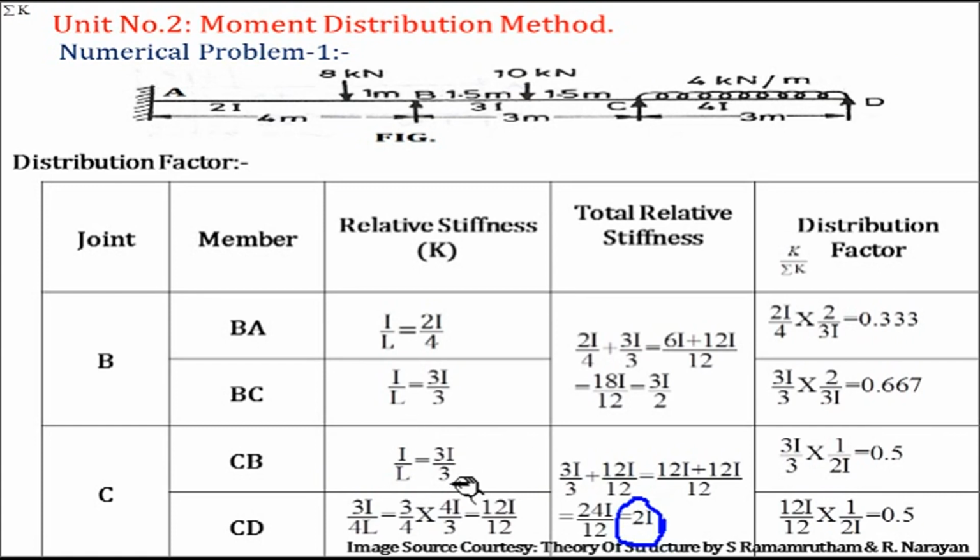So 3I divided by 3 into 1 upon 2I. So the distribution factor becomes 0.5 for CB. Now for CD, relative stiffness 12I divided by 12 into 1 upon 2I. So it becomes 0.5. So these are the values of distribution factor for each member.